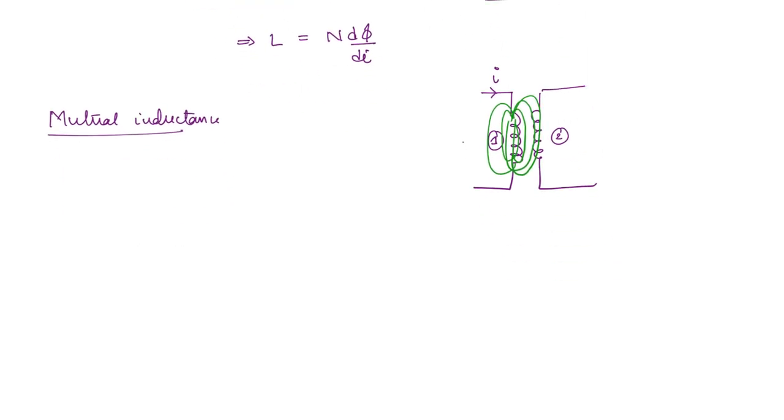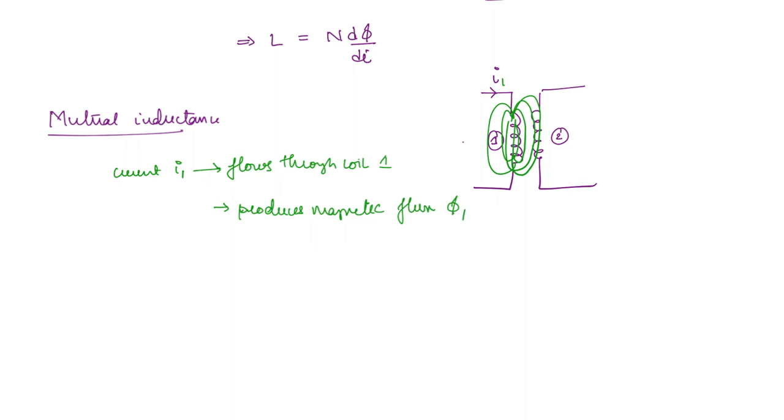So the procedure: current I1 flows through coil 1, and because of this a magnetic flux phi 1 is produced.